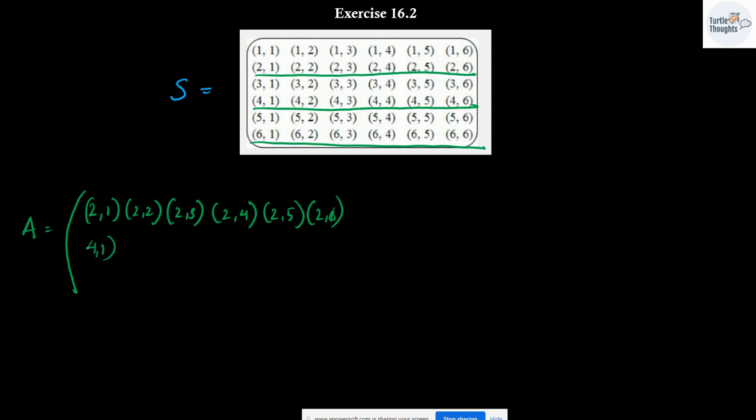Similarly, 4 comma 1, 4 comma 2, so 6 comma 1, 6 comma 2 till 6 comma 6. Basically, this particular row, and this particular row.